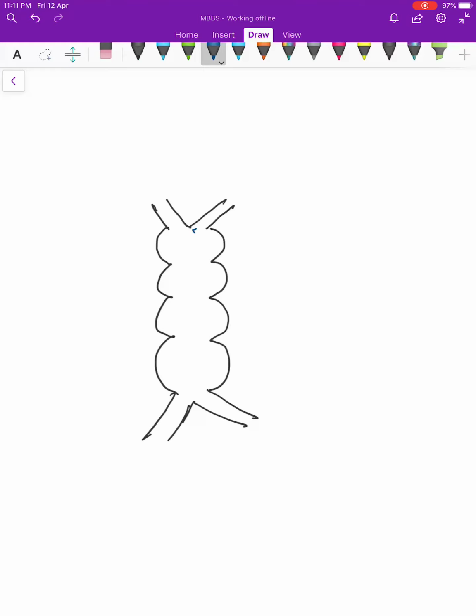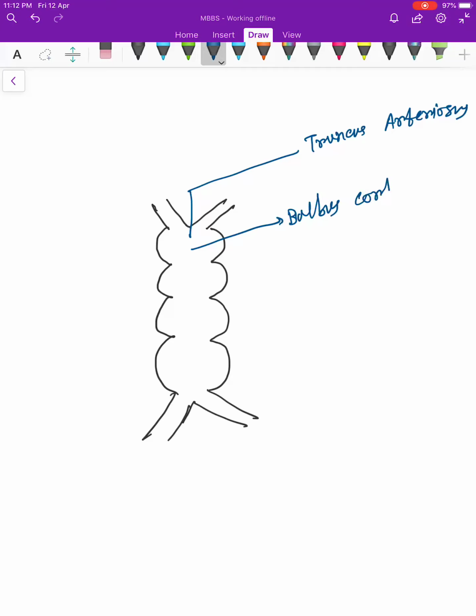Let's find out. This is truncus arteriosus. This is bulbus cordis. This is ventricle.